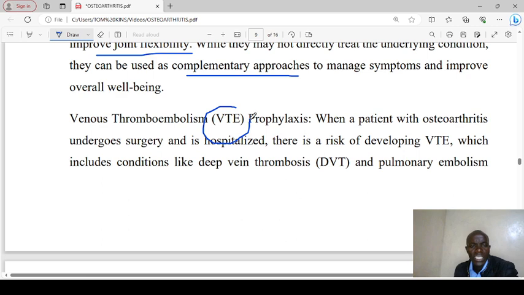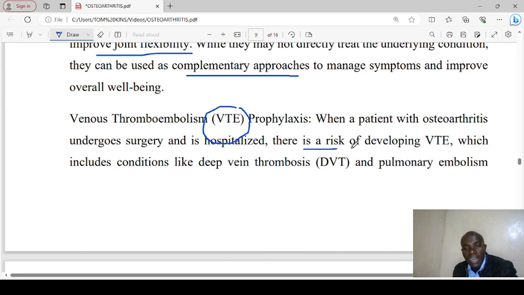Next, we have VTE prophylaxis, venous thromboembolism. When a patient with osteoarthritis undergoes surgery and is hospitalized, especially, for example, hip surgery, a link will be popping up for the hip replacement surgery.